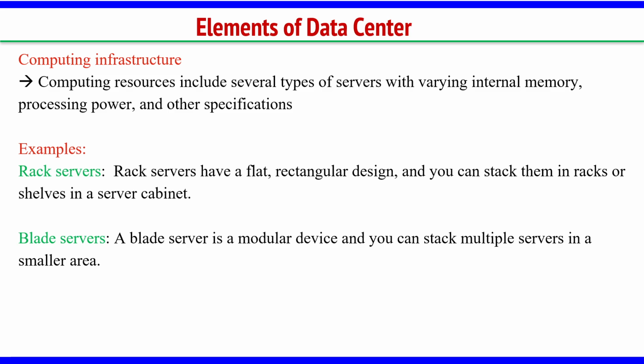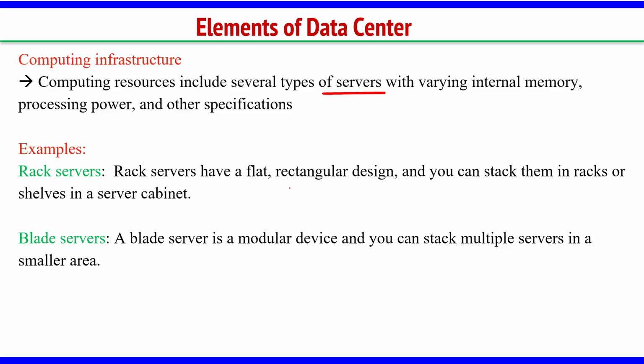Computing resources include several types of servers with varying internal memory, your RAM, your hard disk space, varying processing power and other specifications. Examples of this computing infrastructure are rack servers and blade servers.